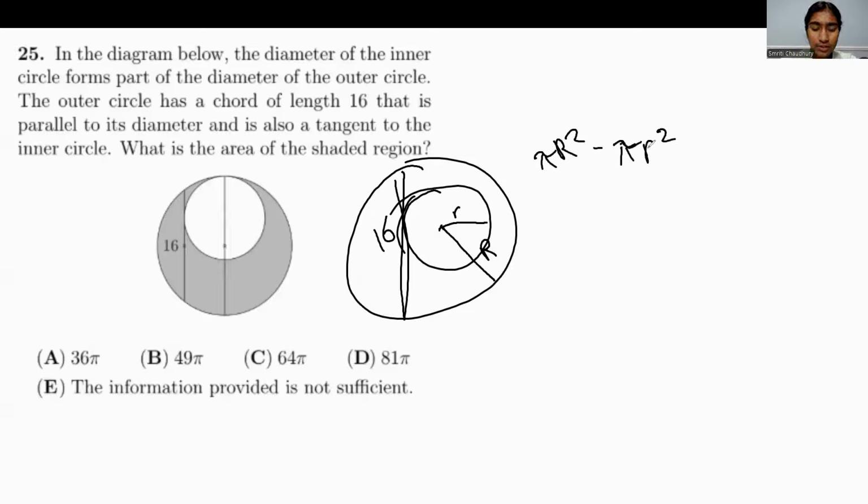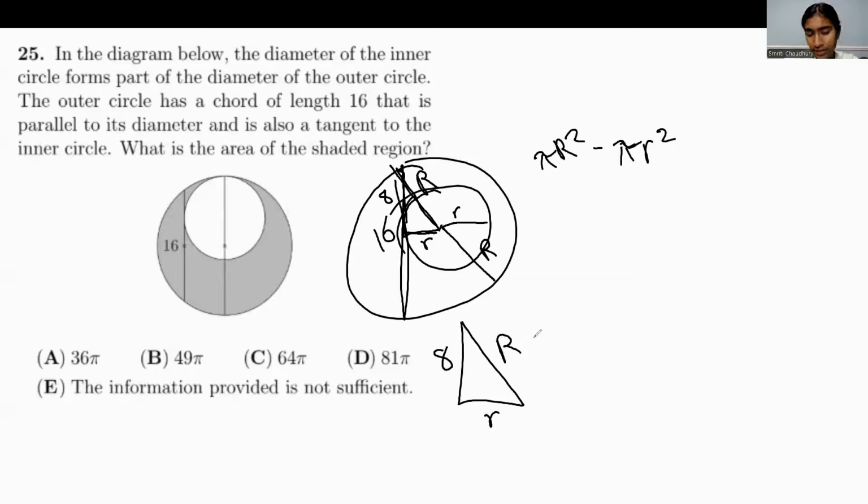Now, another thing that we can do is recognize a shape here, which is a triangle. Here, the hypotenuse of the triangle is capital R, and a leg is lowercase r, with the other leg being 8, which is half of our chord. So let me redraw this triangle. We have R, r, and 8.